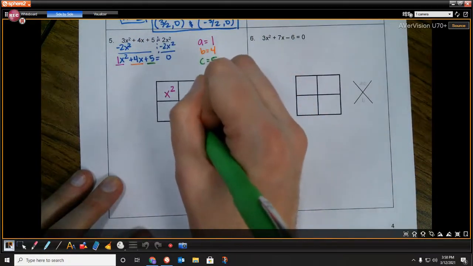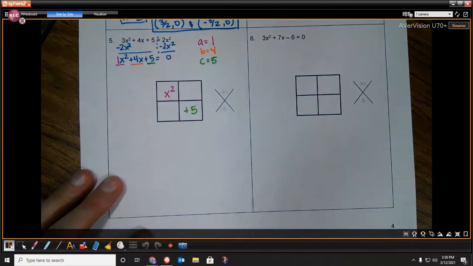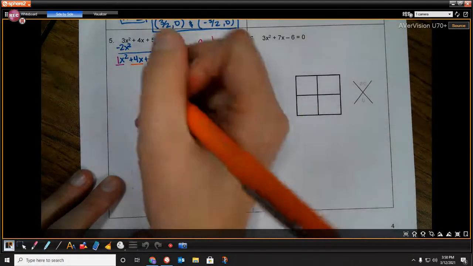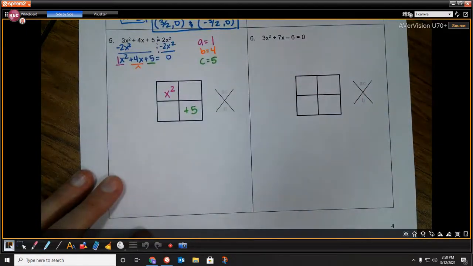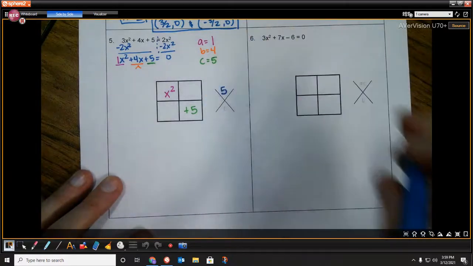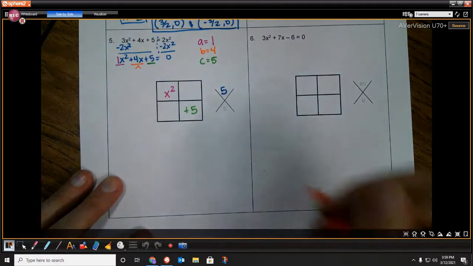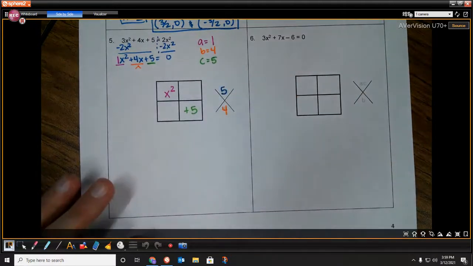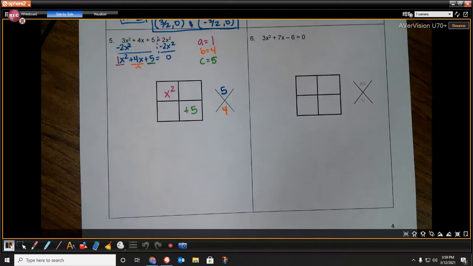So I'm going to go ahead and put this here. And so a times c for the top of my x, we want to find our middle term and how we split up this lovely 4x. And a times c is what? 5. And then my b value is 4. So we need to find two numbers that multiply to 5 but add up to 4.